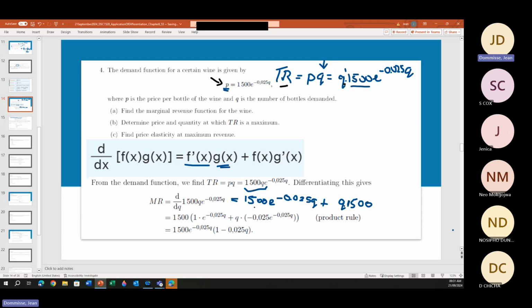And then we differentiate the second one. So if we differentiate that, that will go to the front, and we will keep that.